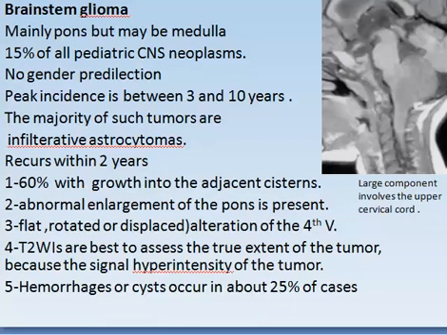Brainstem glioma, mainly pons, and that's the name, pontine glioma, but it may be medullary sometimes. This group of disease, brainstem glioma, constitutes 15% of all pediatric CNS neoplasms.